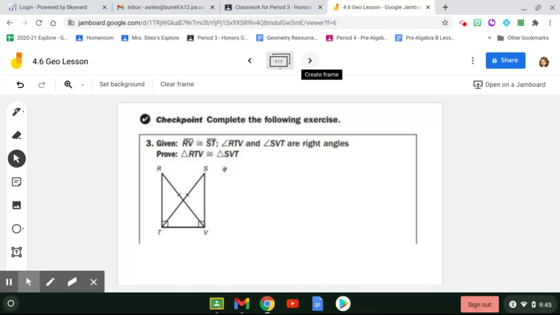So to set up our two-column proof, remember always state your givens first. So segment RV is congruent to segment ST, and angle RTV and angle SVT are right angles. And that's a given.